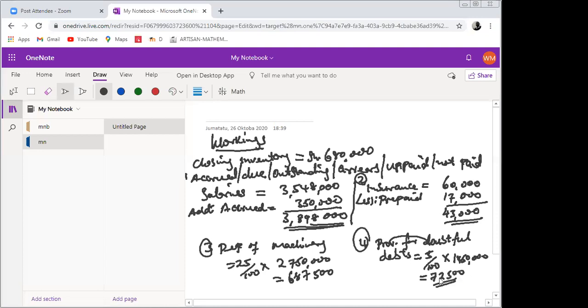So the provision was 0, and now he has set it to be 72,500, so it has increased by 72,500.